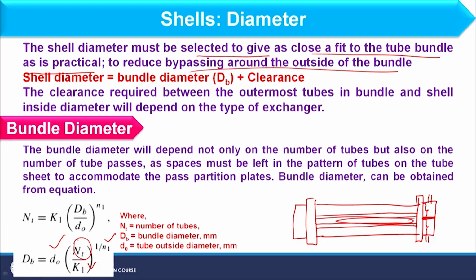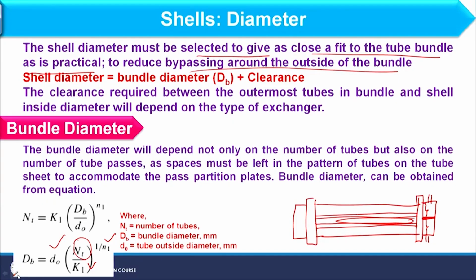Because when we increase the pass, we basically increase the number of partition plates, and therefore the corresponding space I have to keep empty in shell side. Okay. So it will depend on all three parameters, that is number of tubes, arrangement and the passes, tube passes basically. I hope you understand this.